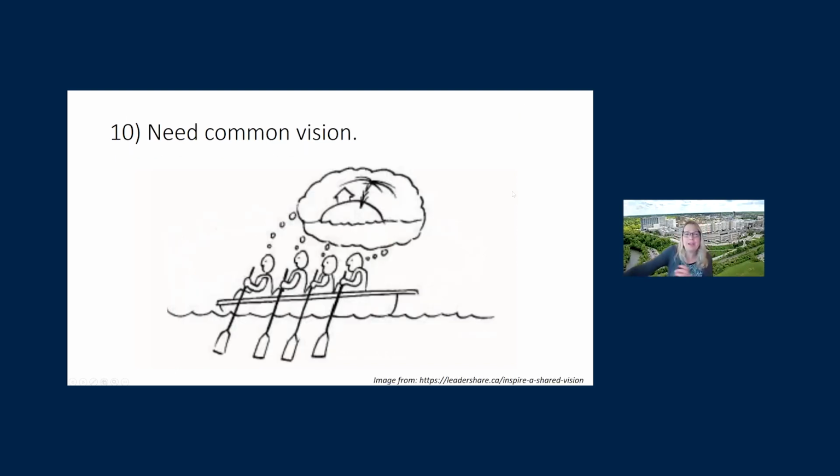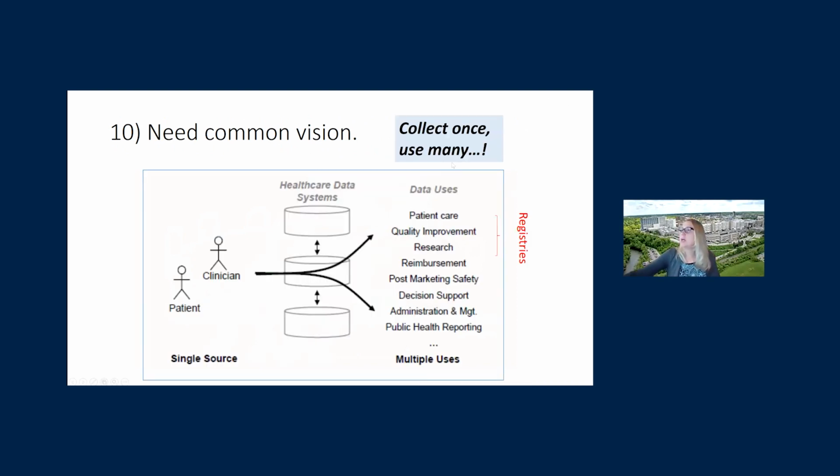And I think finally, a common vision is what we need to make this happen, to really push standards forward in a way that can be usable, not just for research, but quality improvement, patient care, all these different components of our healthcare system. And so that vision could be a lot of different things, but I think one component of that is a collect once, use many idea, right?